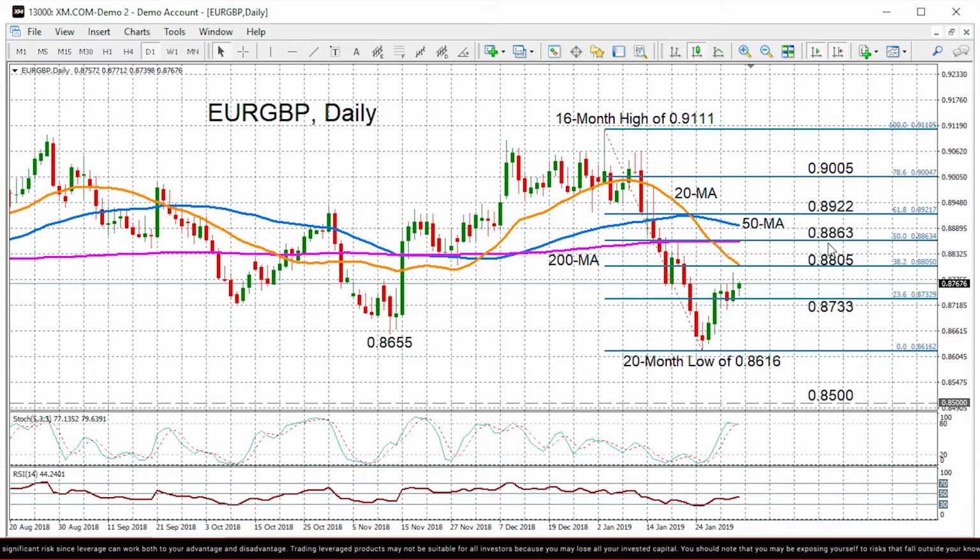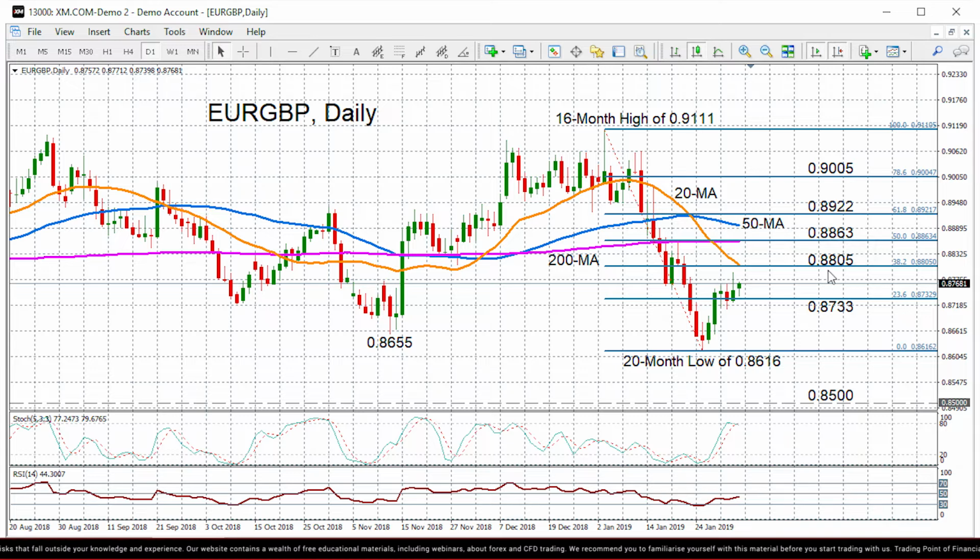Not too far higher up, we've got the 50% Fibonacci at 0.8863. It's also where the 200-day moving average has flatlined, and then we can see the pair would be able to then aim for the 61.8% Fibonacci at 0.8922.